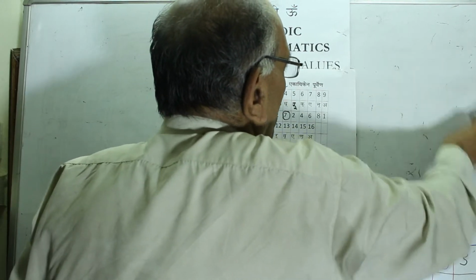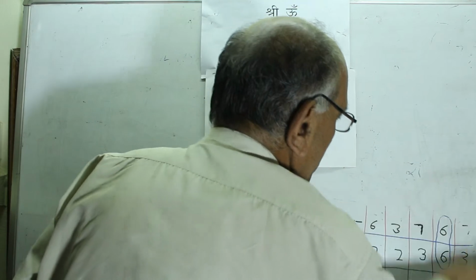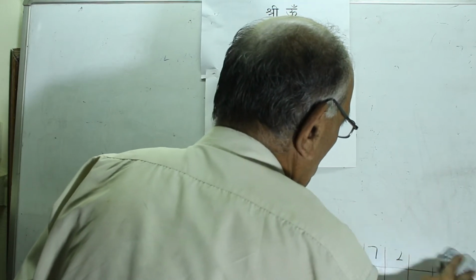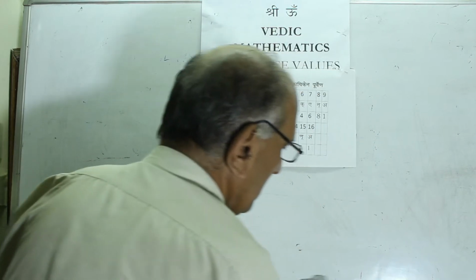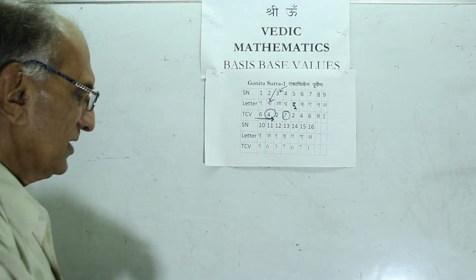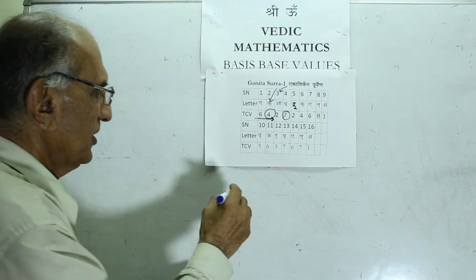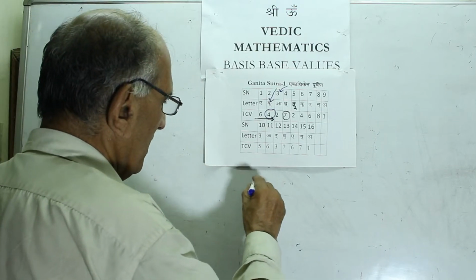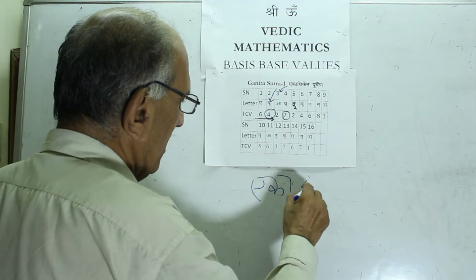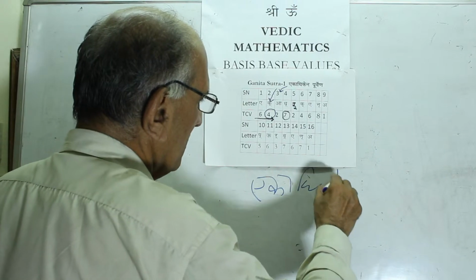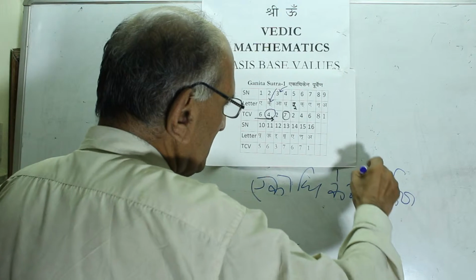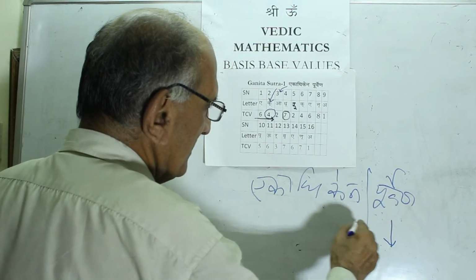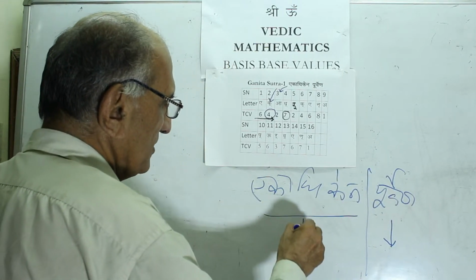Let us now make an entry in our TCV dictionary that the processing steps of the Ganita Sutras begin with the first Ganita Sutra, Eka Adhikain Purve. This is the previous and it will be subsequent.